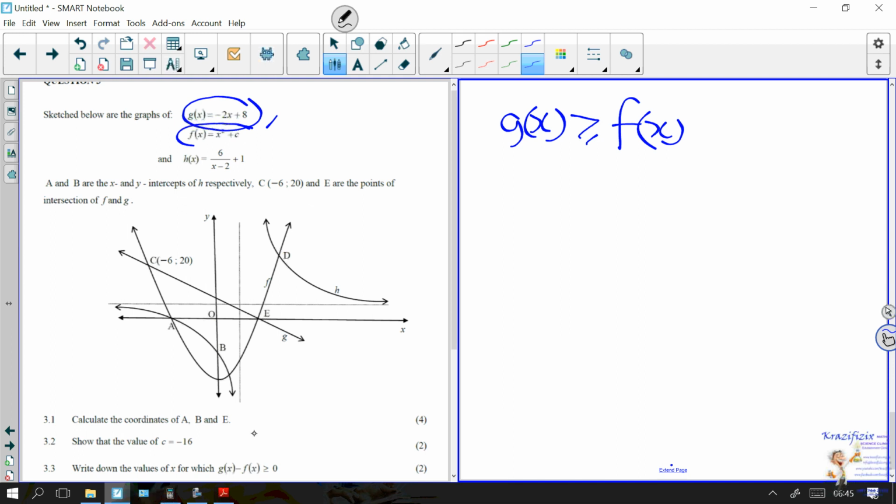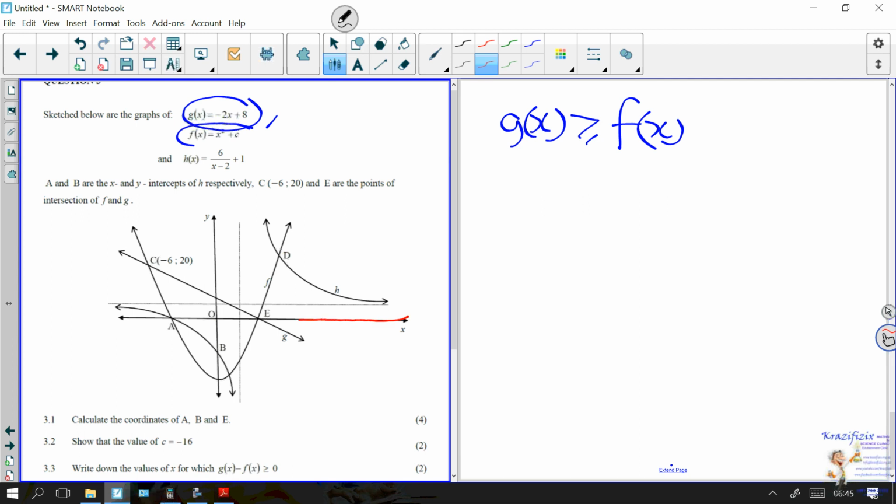Now, look at your x value. Let me use a red ink here. Look at my x-axis. Let's check something here. Look at the value of g of x. Pick any value of x here and trace it down. What is my g of x? It's a negative value. If I trace it, what's my f of x?